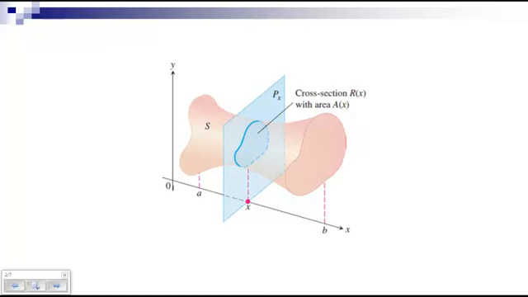All right? Here's the idea. In the previous section, we took a height, and we multiplied it by dx, which represented a width.